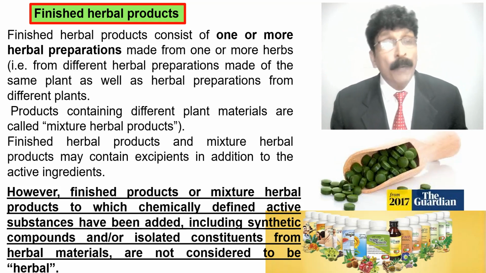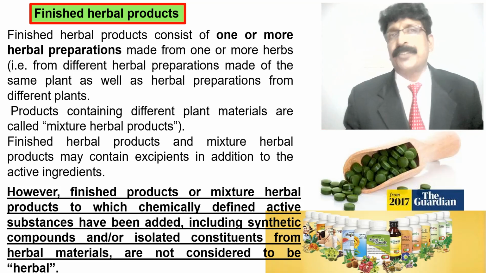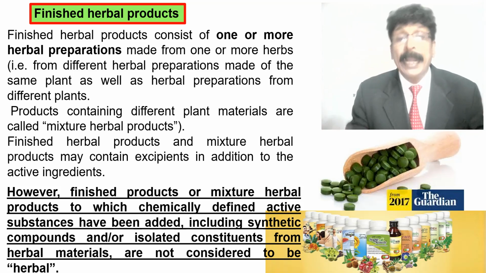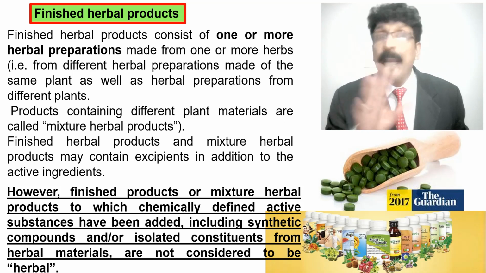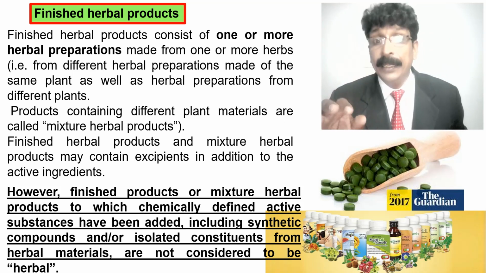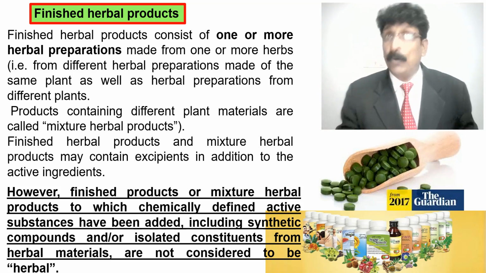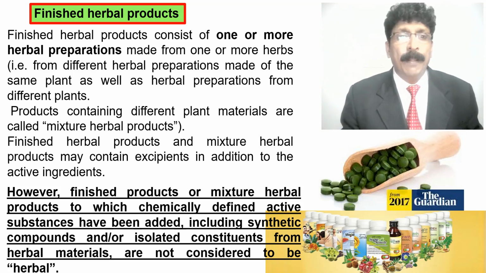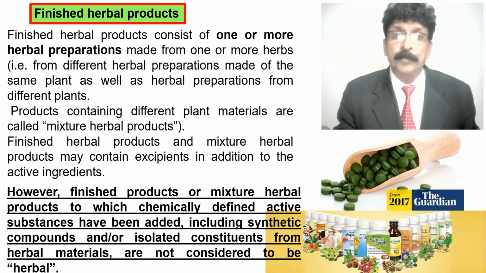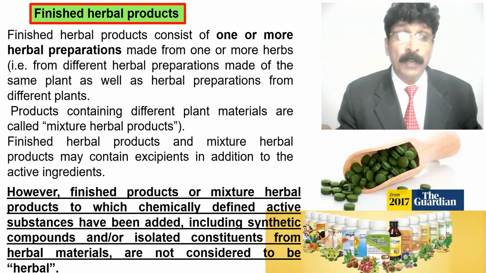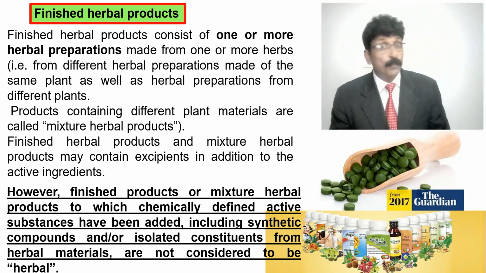Here, finished products are mixture herbal products to which chemically defined active substances have been added. Chemically defined active substances, including synthetic compounds in some cases, and even isolated compounds, the constituents from herbal materials, if added, are not considered to be herbal. This point you should remember.